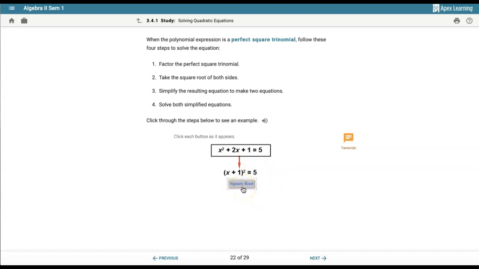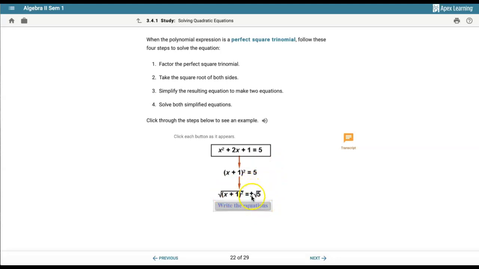Then we're going to take the square root, because by taking the square root, we can get rid of that squared right there. However, when we take the square root, we have to take the square root of both sides of the equation. And when we're doing this, we change the right-hand side.